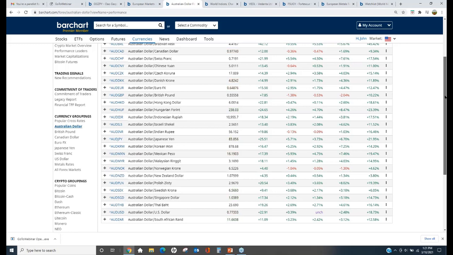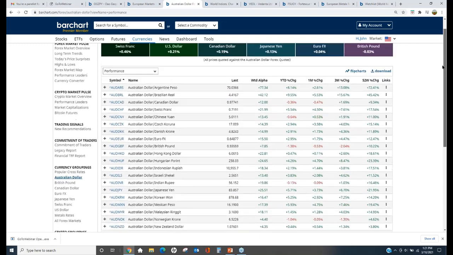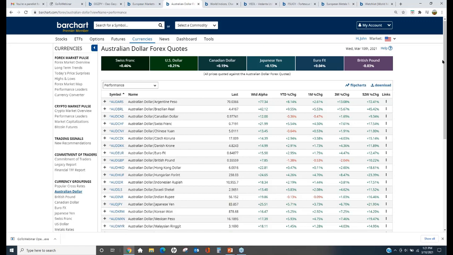So what is this telling us? It's telling us that monies are flowing into Australia from around the world. And so that will give us some trading ideas and opportunities as the world buys Australian goods and services and those equities that are represented by them.